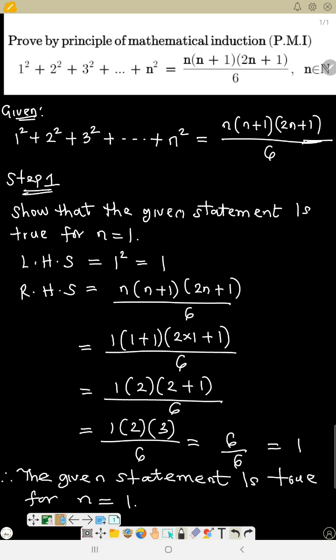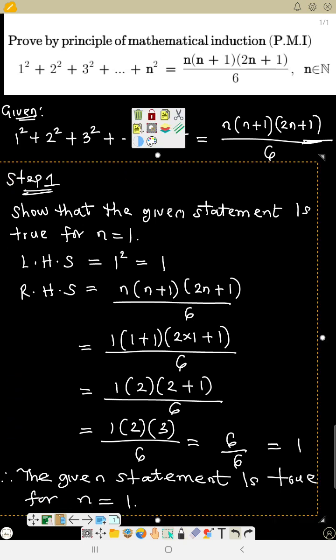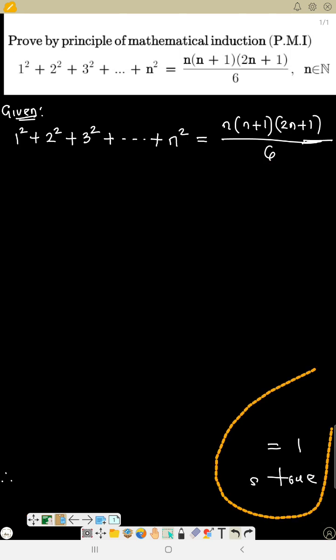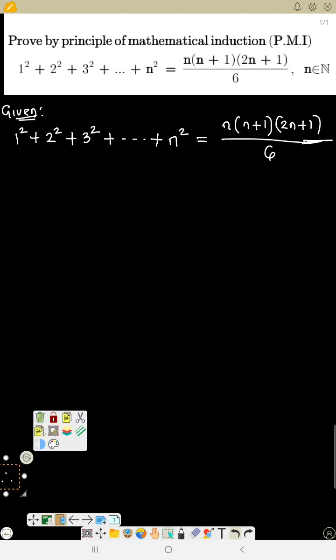So this is for step 1. Now step 2. So you can write it in your notes so you get it step by step.